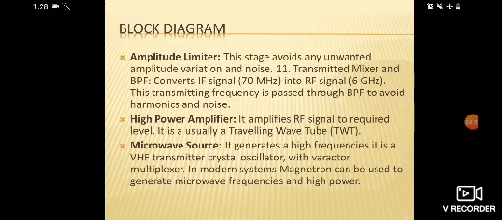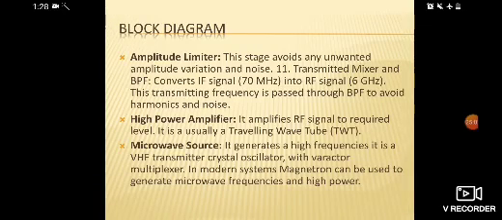In modern systems nowadays, we use a magnetron for generating microwave frequencies and high power signals. I have already told you that in our microwave frequency ranges we use different types of oscillators and different types of amplifiers. Why? Because normal amplifiers cannot be used, since they work for low frequencies, not high frequencies.